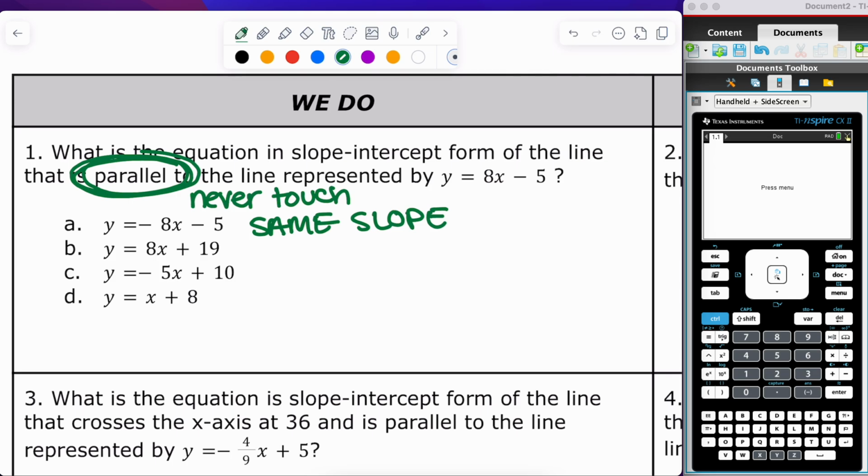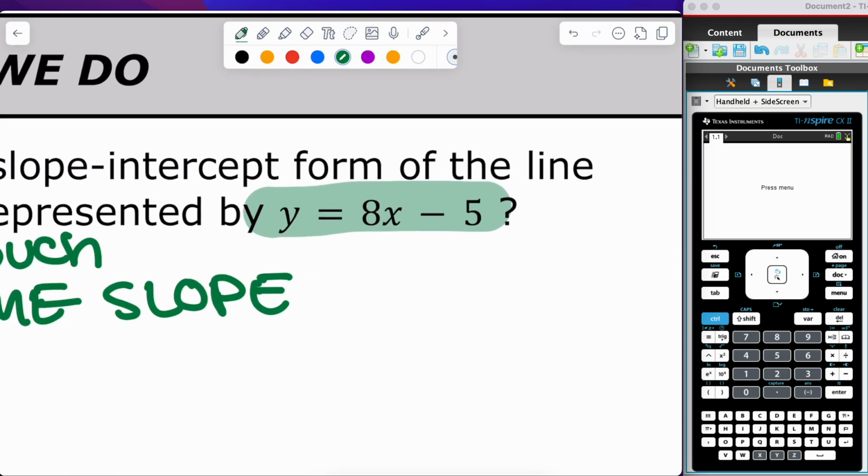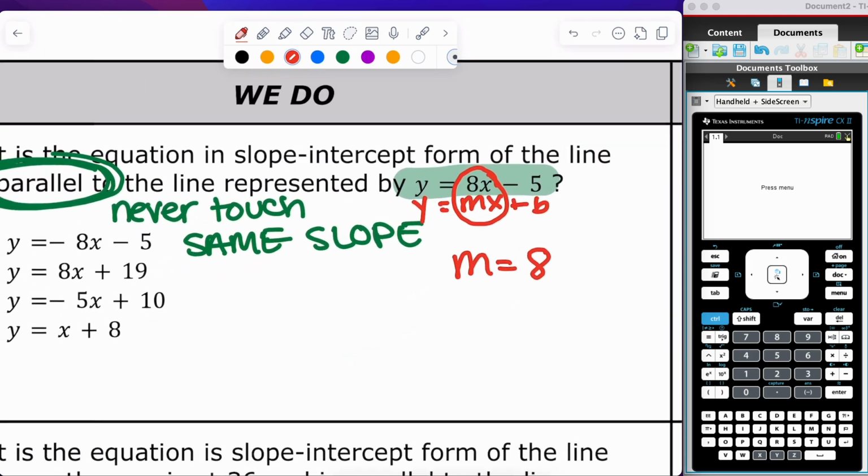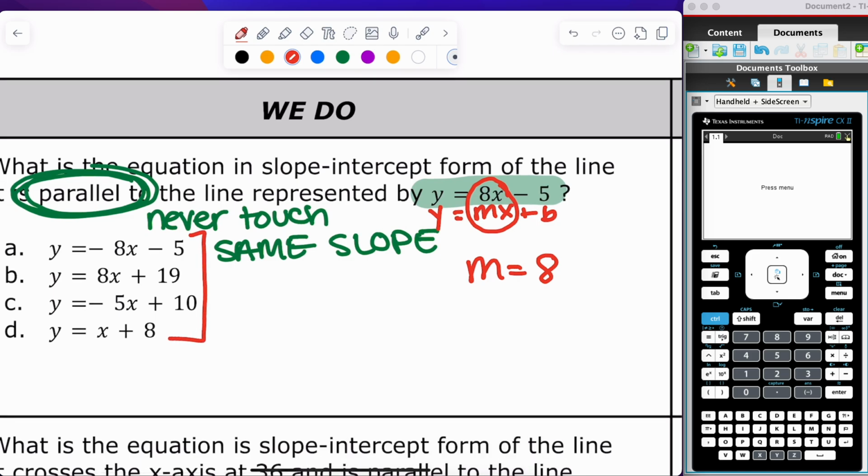If I look at the equation they gave me, y equals 8x minus 5, I know it's y equals mx plus b. So my m is equal to 8. My slope is 8. So when I choose an answer choice, I want my slope to be 8.